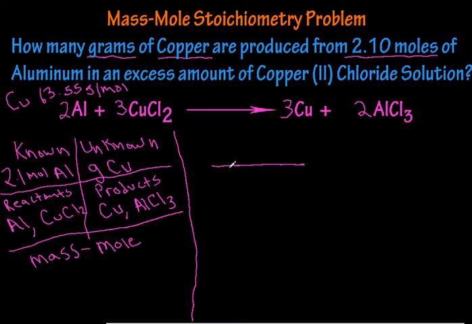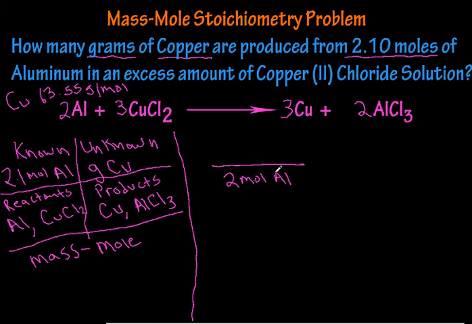So now we can go ahead and write our fraction out. The known, and these are always going to be in moles. What was my known? Aluminum. So there's a 2 in front of the aluminum, not to be confused with this 2.1, which is our given. 2 moles of aluminum.